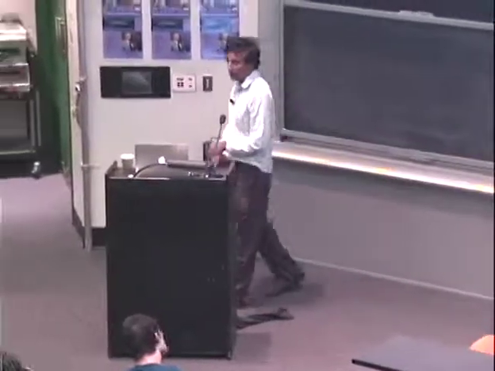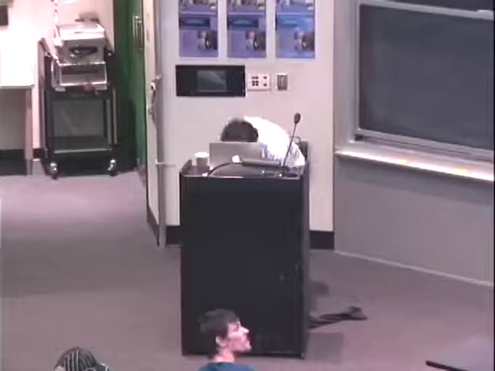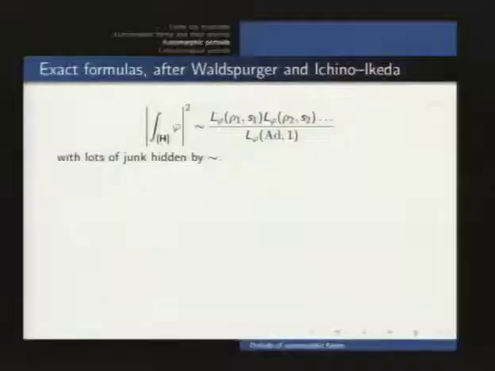Now, the next thing I wanted to talk about is the squiggle. Again, I'll make the comparison to the Tamagawa number story. Before Weil introduced the Tamagawa number, there was the mass formula.